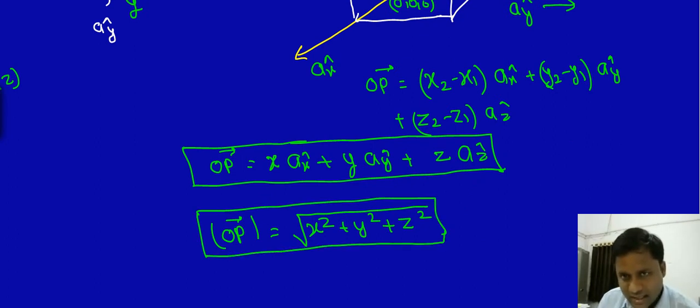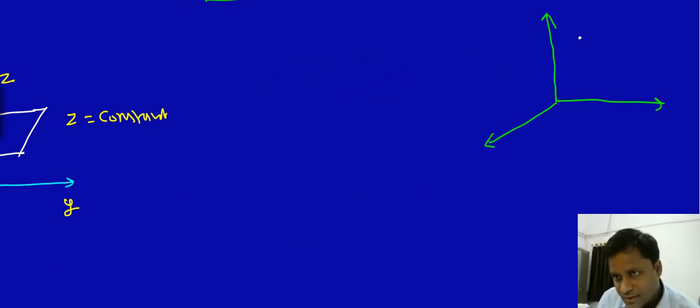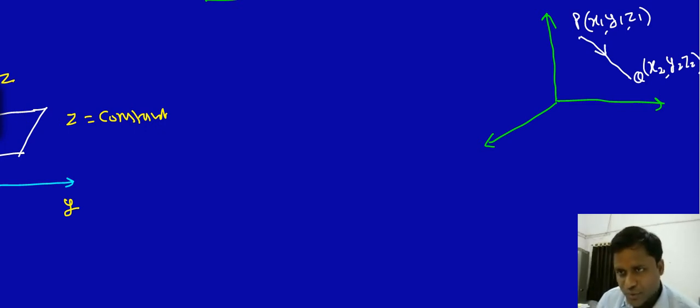Similarly, let us consider another case with two points. If we want to find the position of the two points, this is point P, which has coordinates x1, y1 and z1, and this is the point Q which has coordinates x2, y2 and z2, and we have to find the distance from P to Q. So we can assume the vector OP has this direction, and OQ like this.